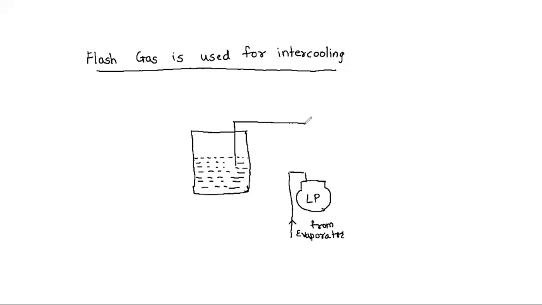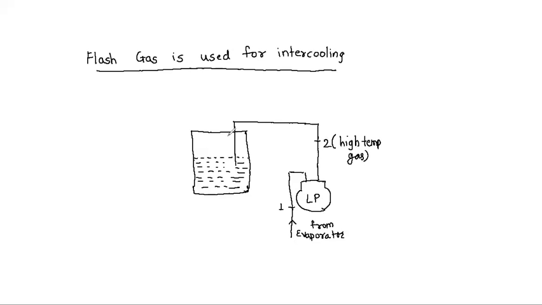Let us draw this a bit neatly. Let us say that one is the suction to the compressor, and two is the discharge of the low pressure compressor. So the refrigerant enters the low pressure compressor, it gets compressed, as a result of which its temperature would increase. This is a high temperature gas because of compression.